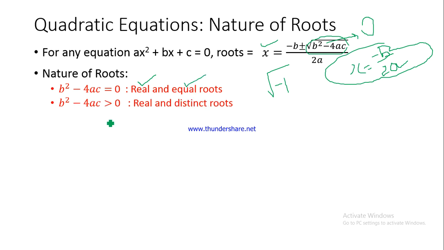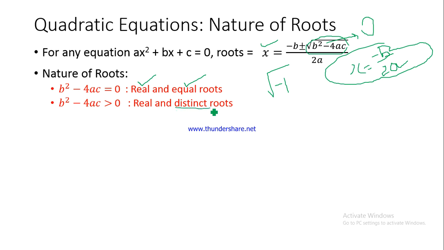On the other hand, if b square minus 4ac is greater than 0, then naturally I will get two different roots, because I will be getting a particular number here, and I will first be adding it to minus b, and then subtracting it from minus b. So naturally I will be getting two different numbers, and my roots would be distinct or unequal.